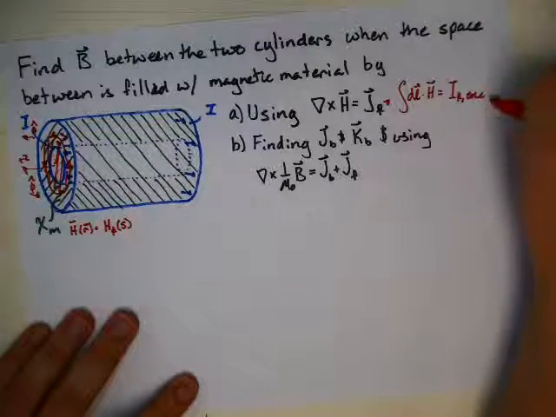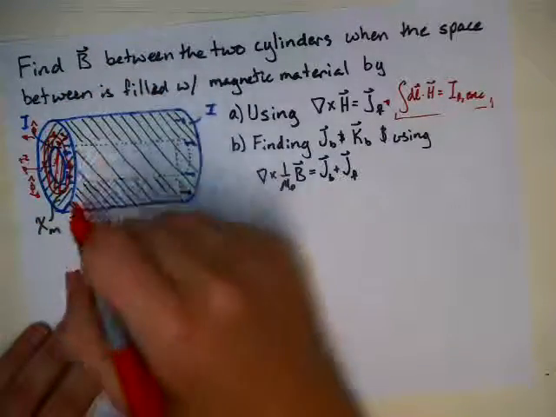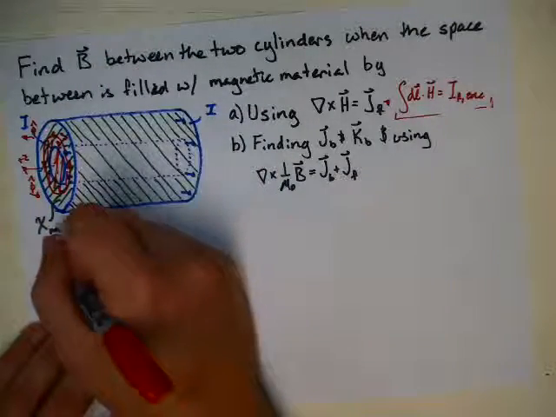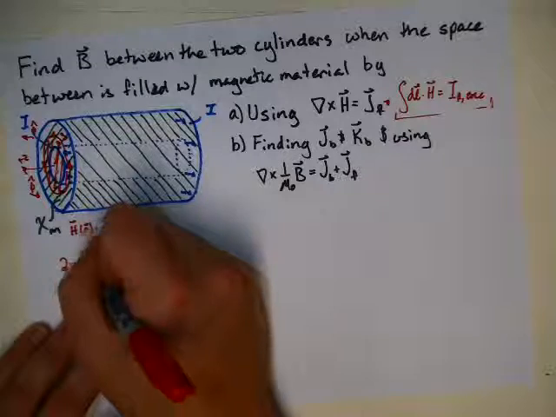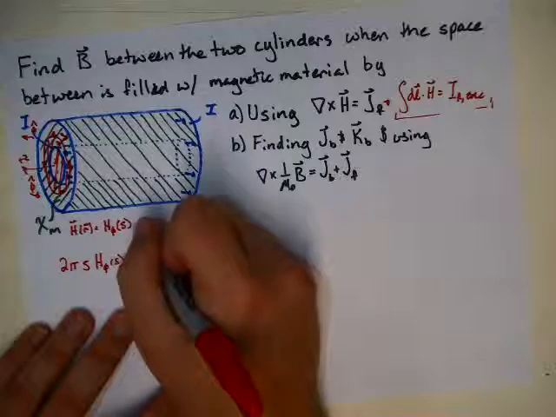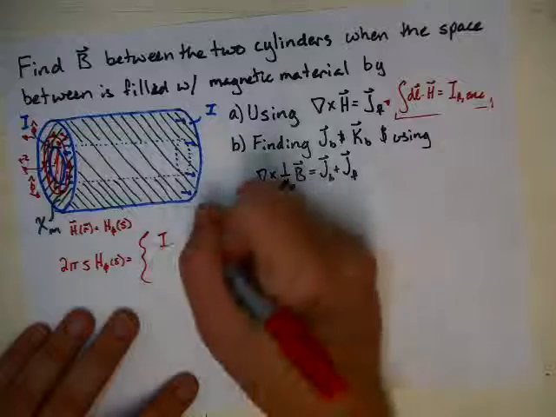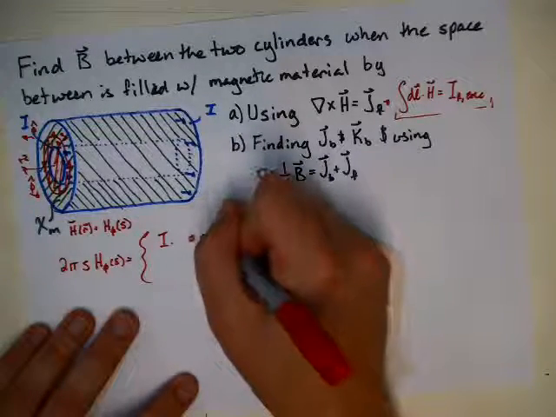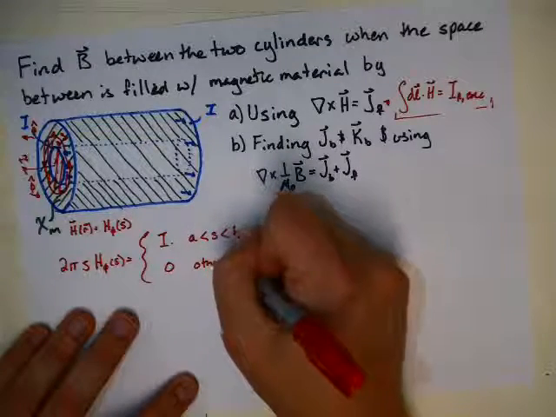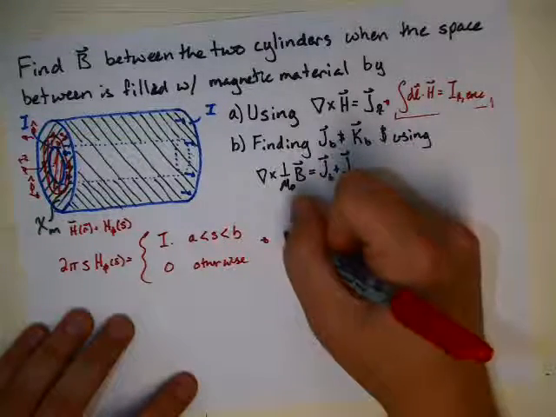Coming back here, applying that to this expression, if I integrate around this whole thing, it's independent of phi, and so it's just going to be the circumference of that loop. So that's going to give me 2 pi times s times H phi of s is going to be equal to, now I'm going to be a little bit more careful, I, as long as s is between a and b, and it's 0 otherwise, which of course very simply gives us what the magnetic field is.